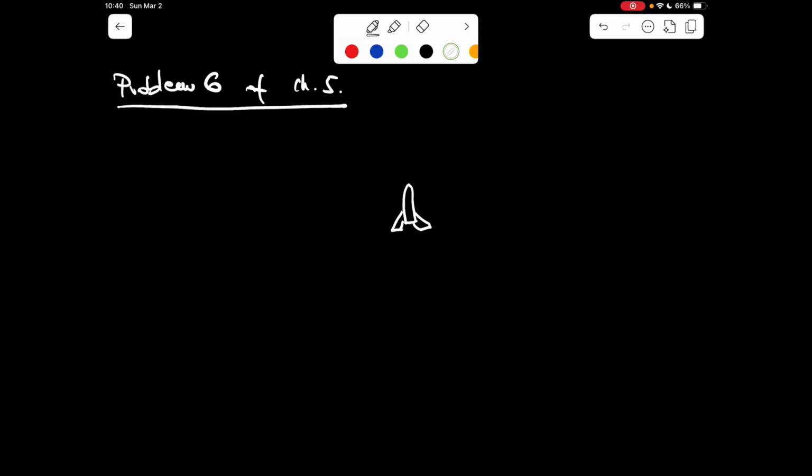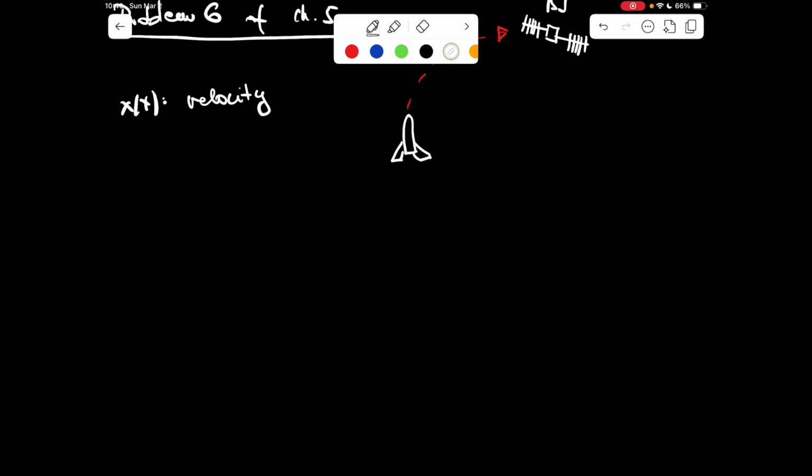that we want to get to the International Space Station with given boundary conditions. We know that function x(t) describes velocity, and we have some boundary conditions. Initially, we are in a state of rest.